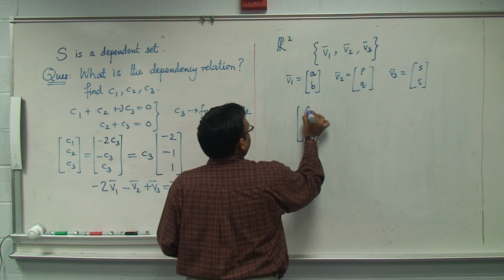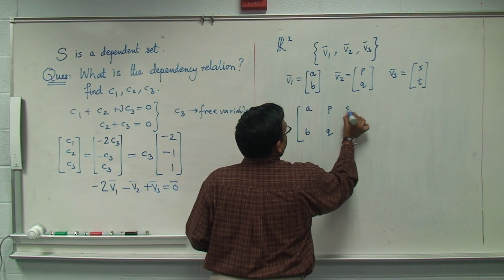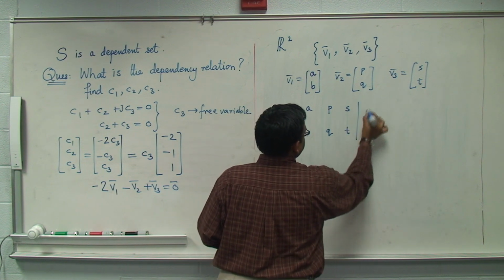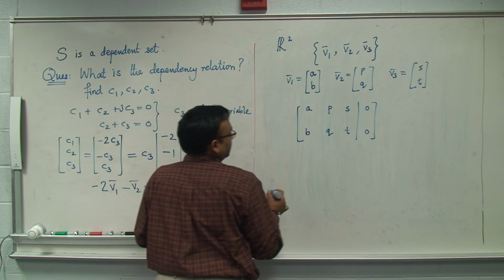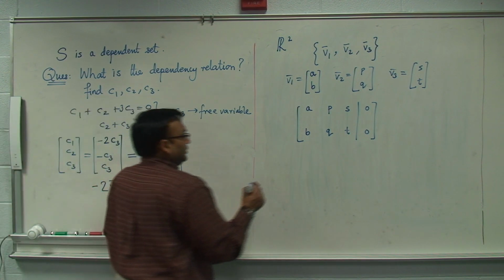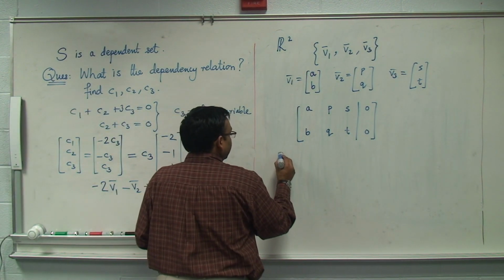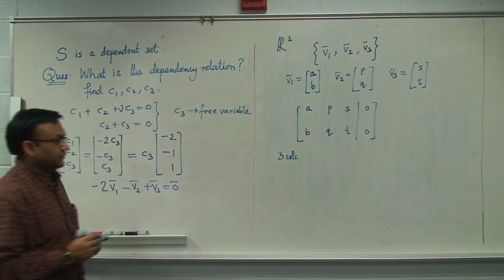So using the definition, I will create this matrix and ask ourselves, what can we say about the solution to this system of equations? First of all, let us notice there are three columns in the coefficient matrix.